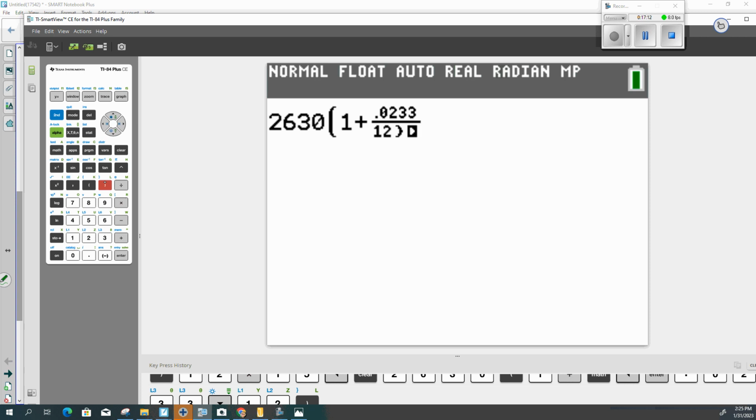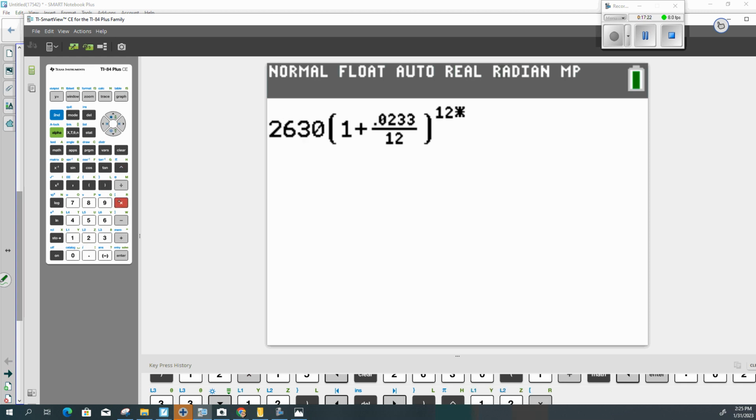Well, hopefully it's giving you, oops. How do I just delete one thing? Oh, there we go. To the power of, that's what I forgot to do last time. 12 times 15. Did I do it right? Okay, make sure you are able to do that on your calculator. Otherwise, you can just do it in little pieces.